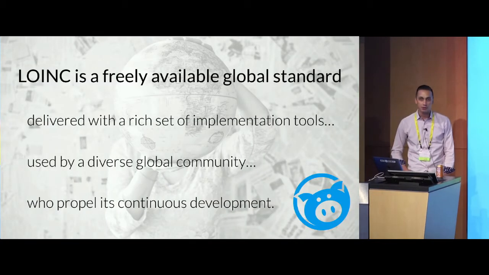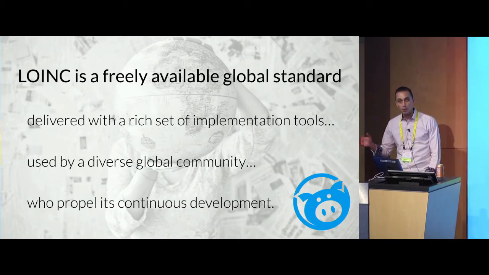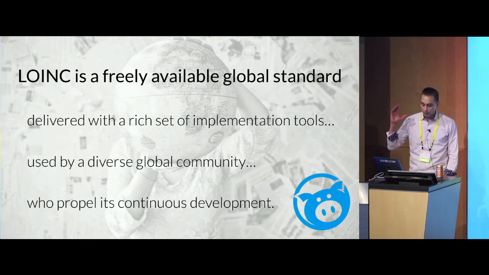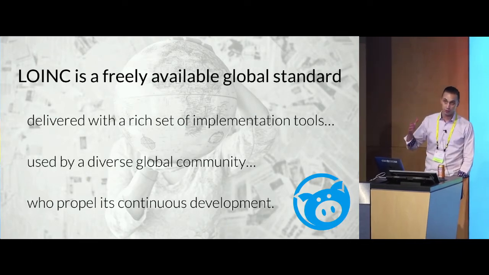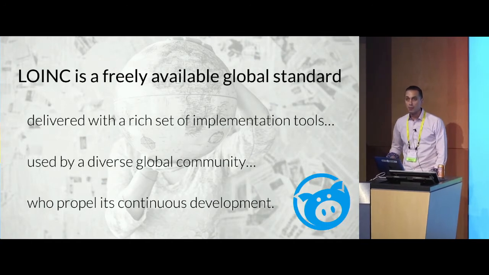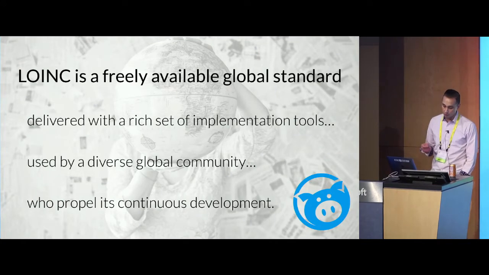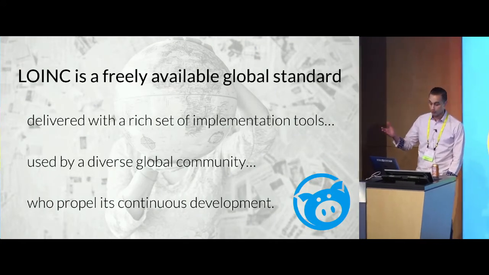So LOINC is, in summary, this freely available global terminology standard. We package it up with a set of rich implementation tools, one of which is now the API capabilities via FHIR. But LOINC is more than just that content. It's more than just the database or the standard list of codes.